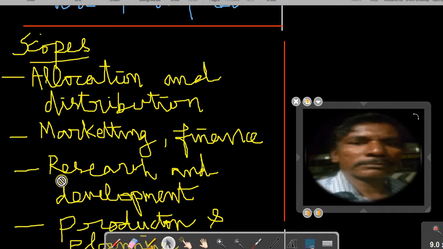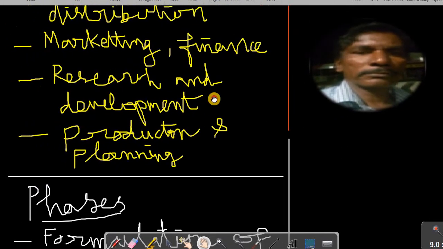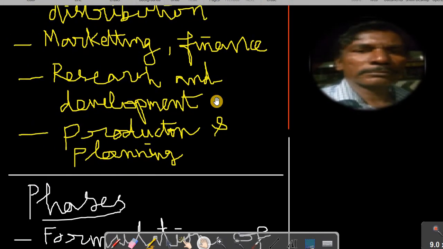The next is research and development. Definitely, research and development plays a very important role in operation research. Operation research helps in many ways for research and development, particularly in management situations. The last is production planning.